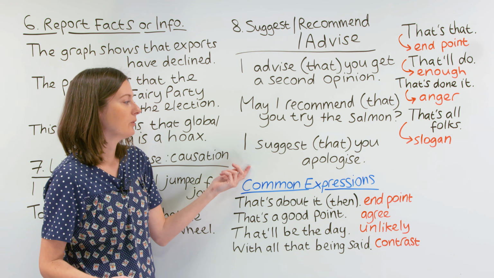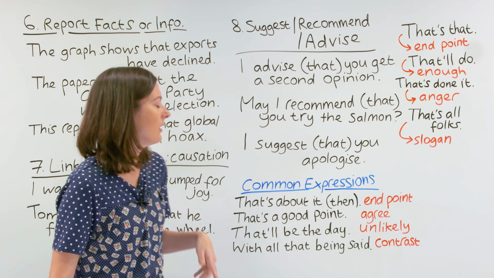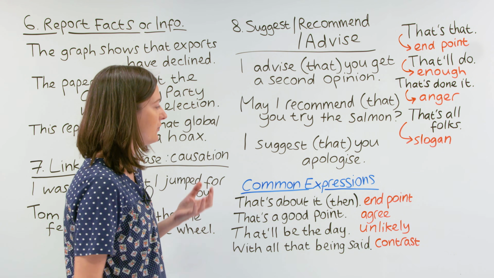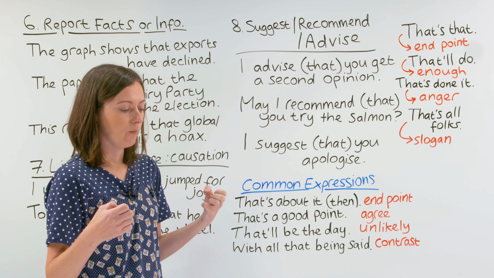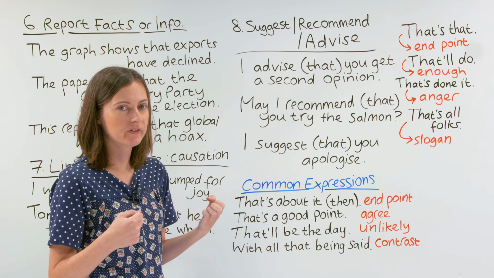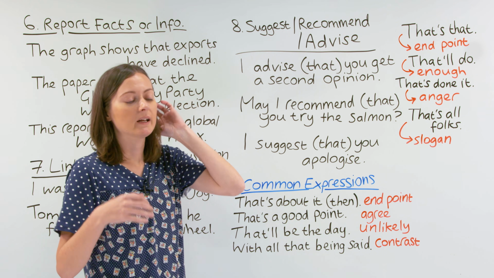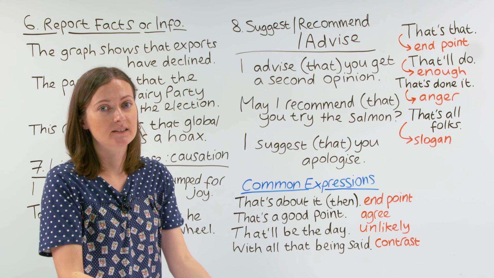One more example. I suggest that you apologize. When we use suggest in that way, often we pause before we speak. We hesitate, perhaps because we don't want to quickly give that person advice.